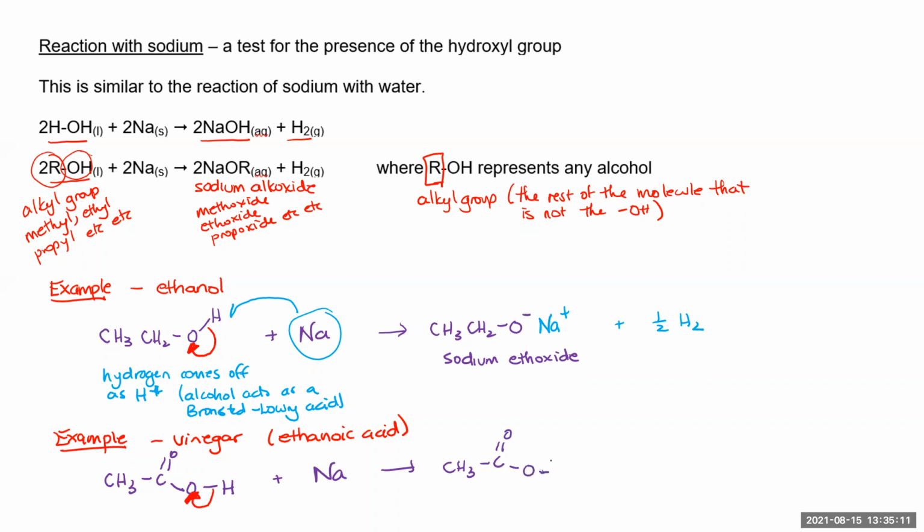So that is the ethanoate ion. And the sodium will donate its electron to the hydrogen, so we'll have Na+ attracted to the ethanoate ion, making sodium ethanoate. And again, we'll get our half a mole of hydrogen gas.